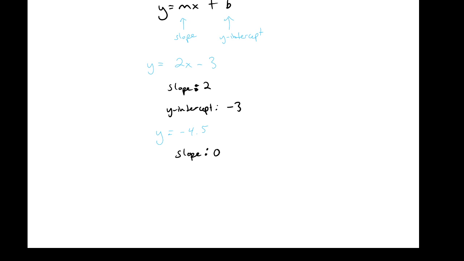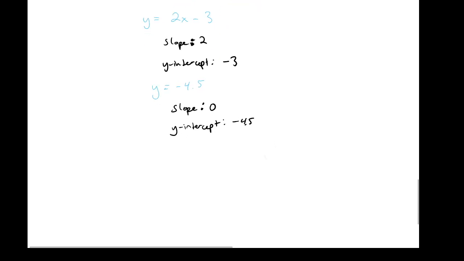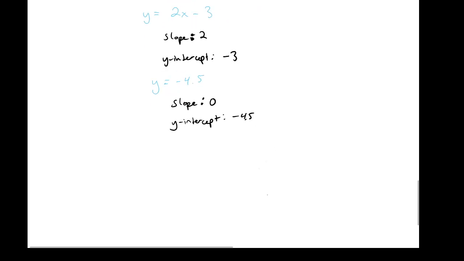If you were to graph that, that's going to be a horizontal line, right? Through negative 4.5 on that y-axis, and just going to go straight across, right? Negative 4.5 over and over and over again. In fact, since that's also going to be my y-intercept, right? That's the singular place where that's going to go through the y-axis. Last one we have here.